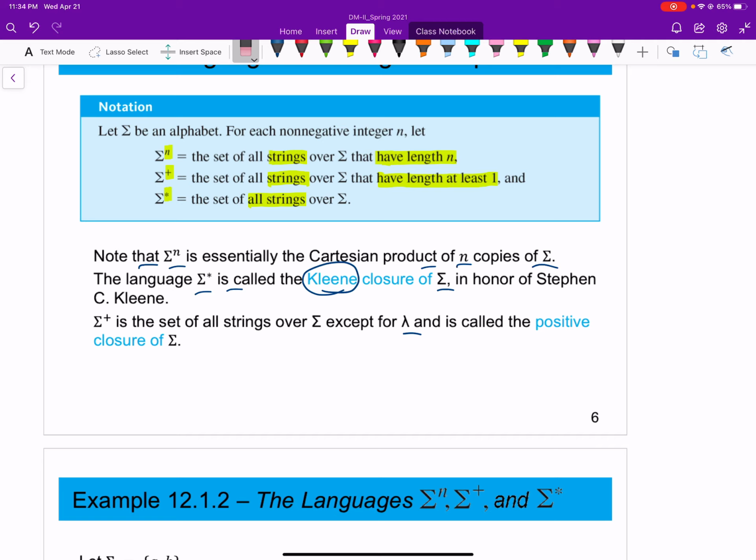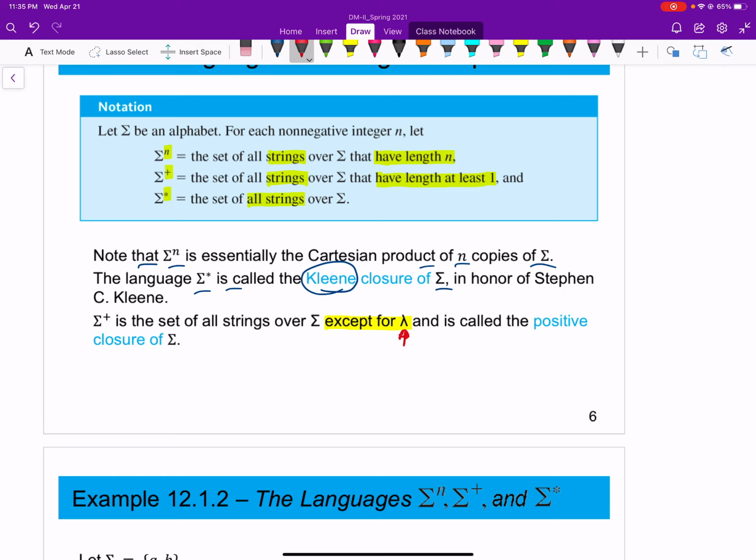This has all the strings of length greater than or equal to 1. That means it excludes lambda, which is the string of length 0.